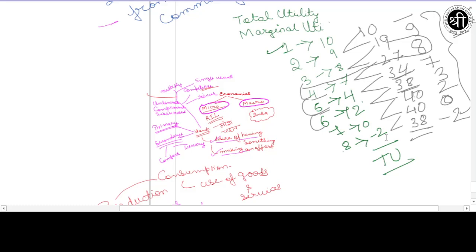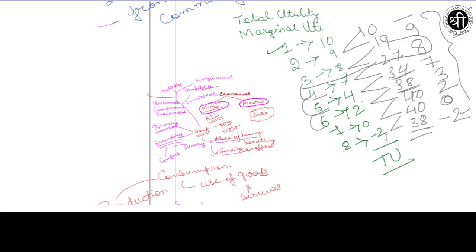Hope you have understood what is total utility and what is marginal utility. In simple words, utility means how much satisfaction you have got by consuming something. And the satisfaction can be divided into two types.